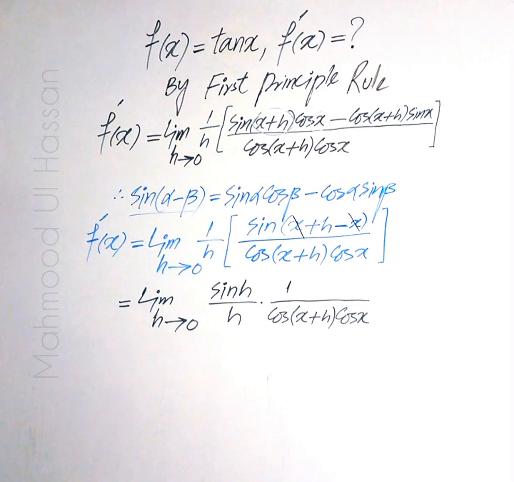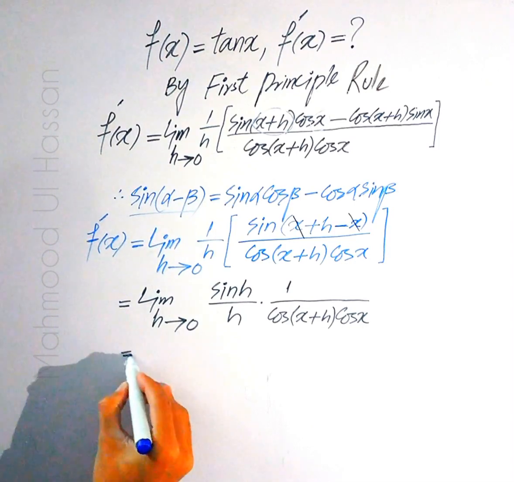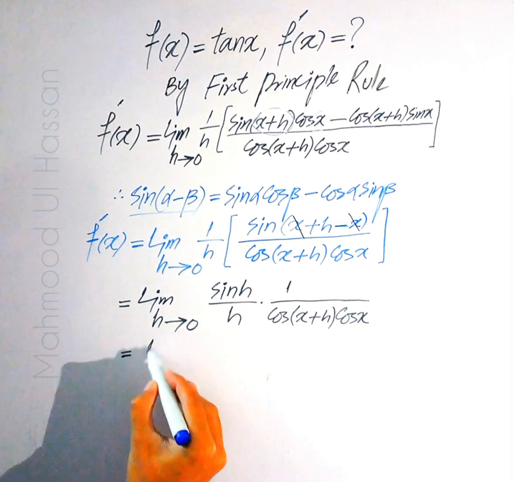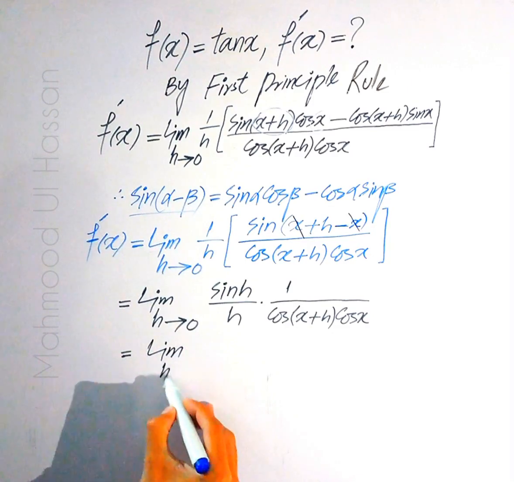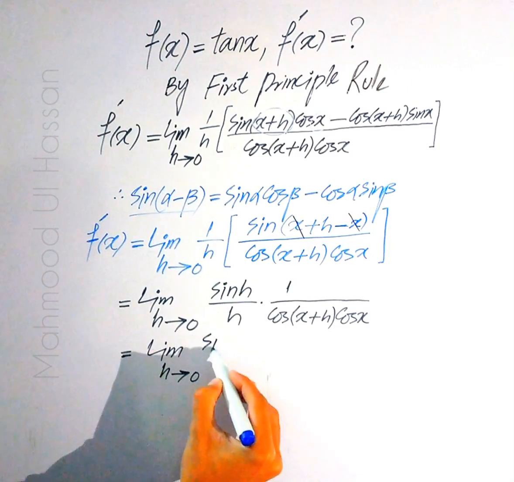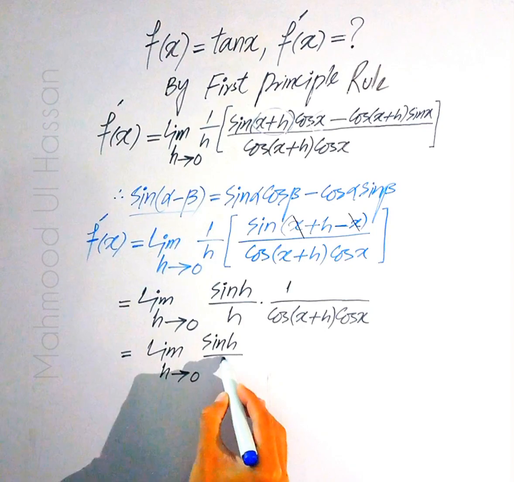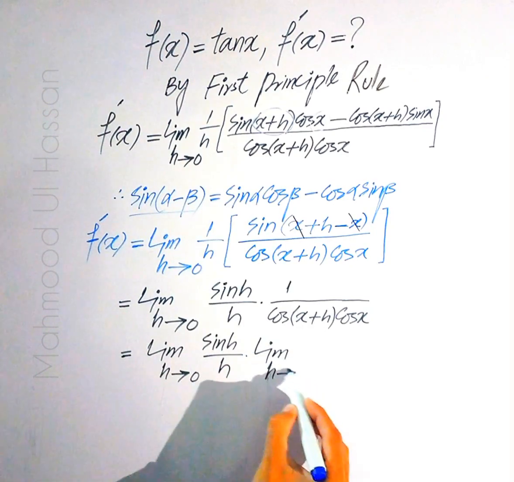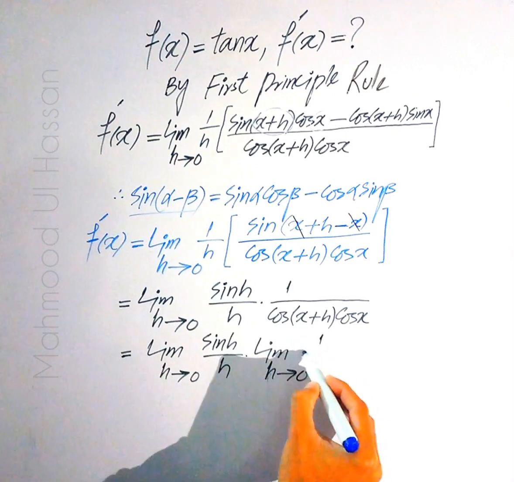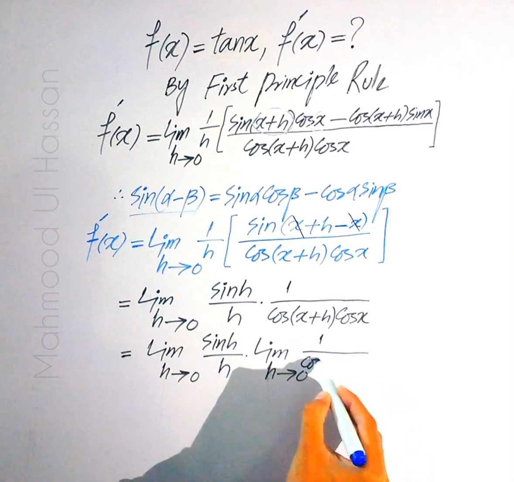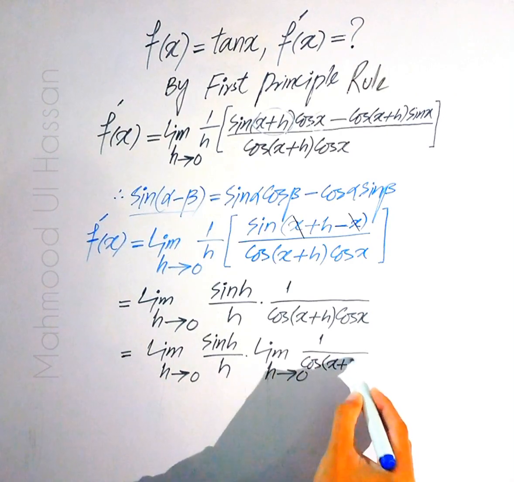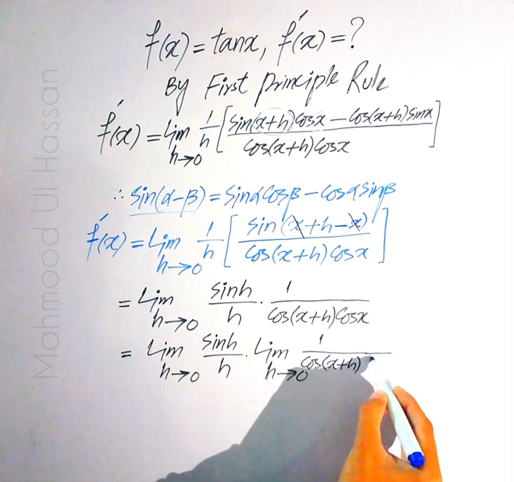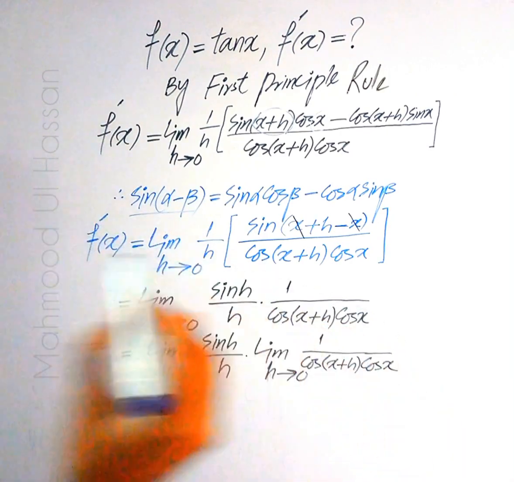Now apply the law of limit, which is basically the product rule of limit, right? So the limit as h approaches 0 of sine h divided by h times the limit as h approaches 0 of 1 divided by cos of x plus h times cos x.